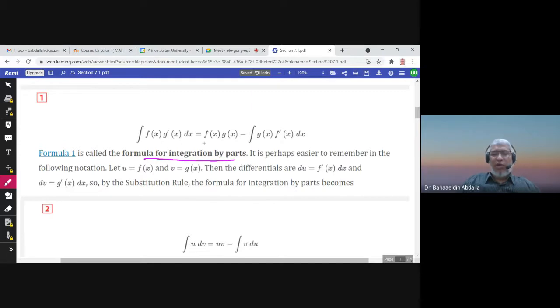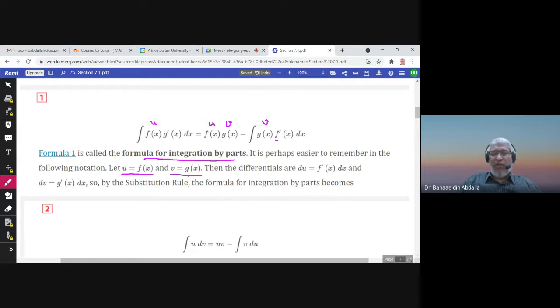We usually prefer to write it in another way. If you take f of x as u, and g of x as v, then u equals f of x, so du would be f prime of x dx.